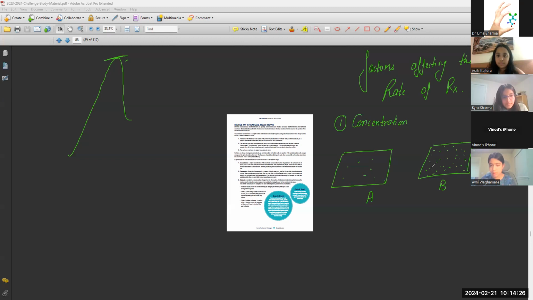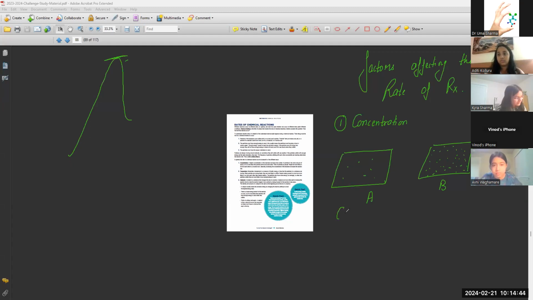B, because there are more molecules. And if the collision rate is high, what does it mean? It means there are more reactions.